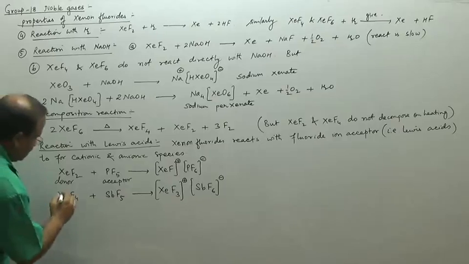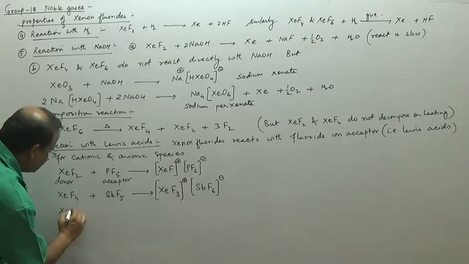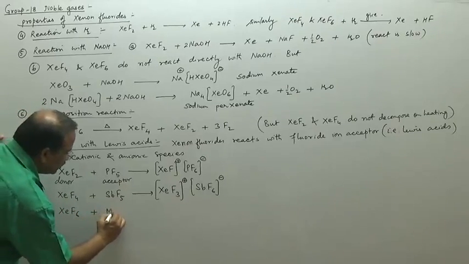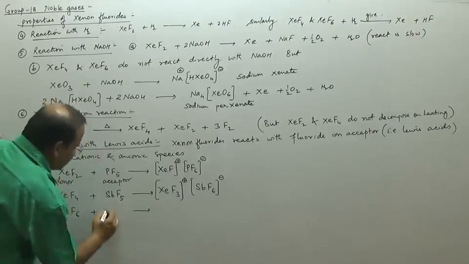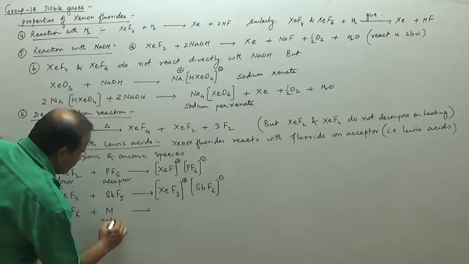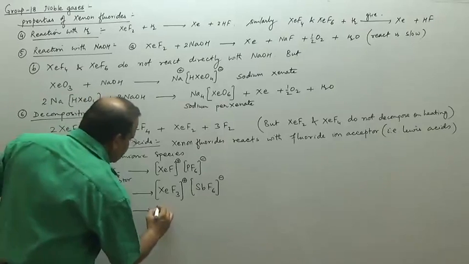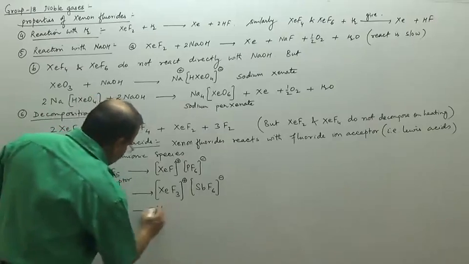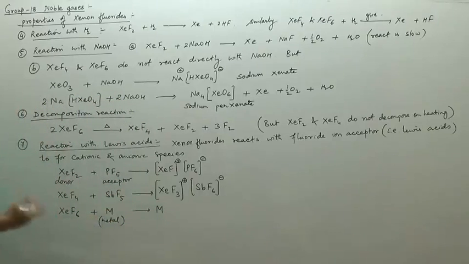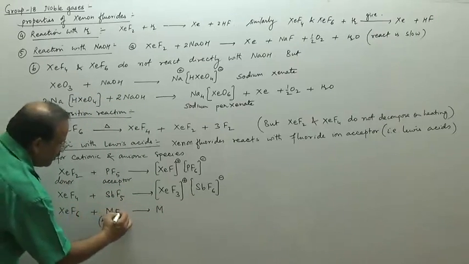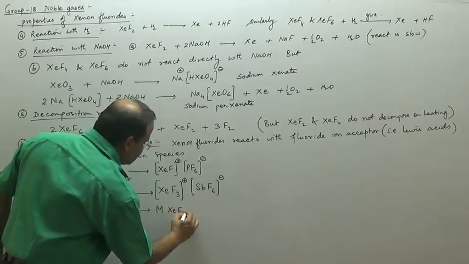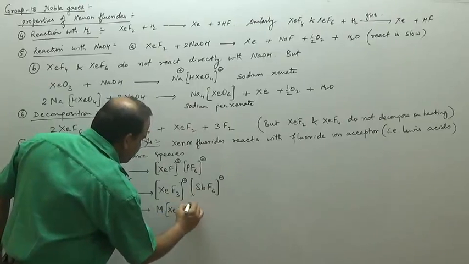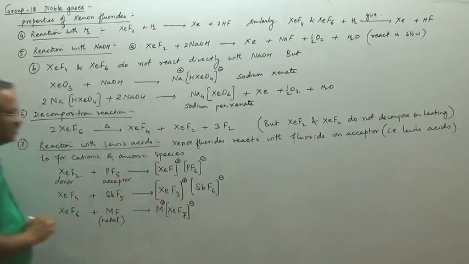And we used to say that XeF6 reacts with metal fluorides to form the complex M XeF7. I will write here M for the metal. In that case, I am going to write this as negative and this as a positive charge, which will be forming there.